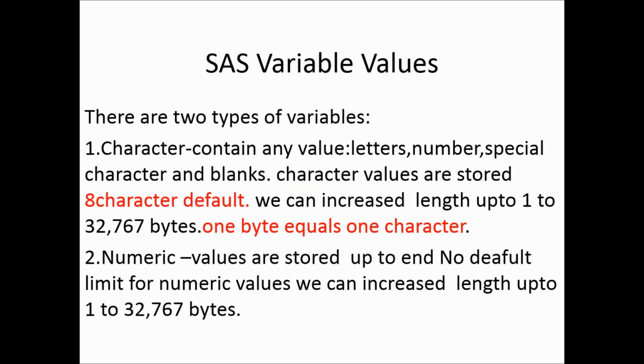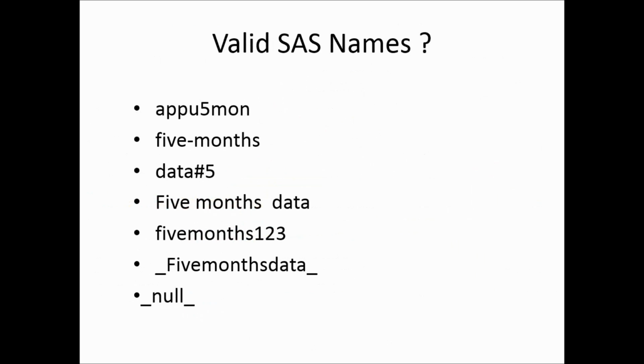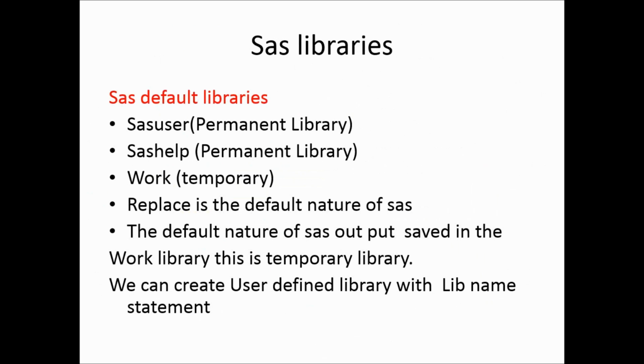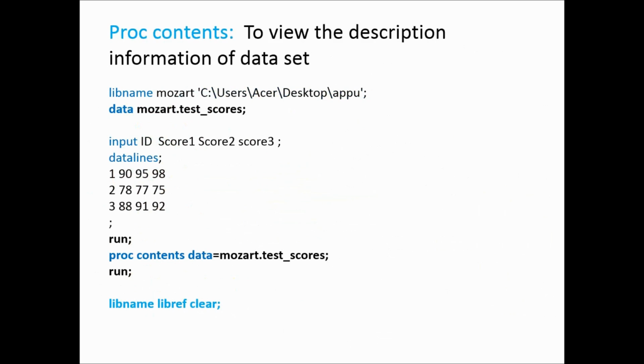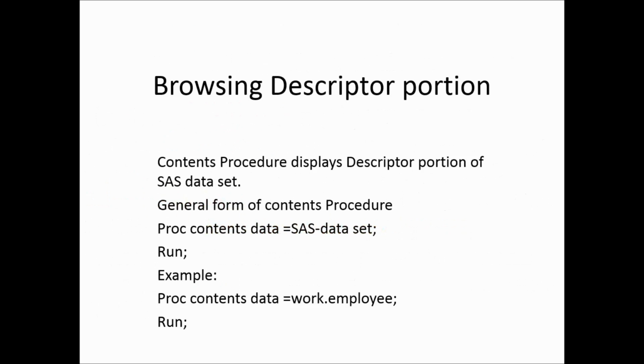We also learned the different rules and regulations for your data set: the rules SAS variables and observations need to follow, the valid SAS names, the default SAS dates, the SAS default libraries, replace being the default nature of SAS, and how to save your data sets. This is all about the concepts we have done today.